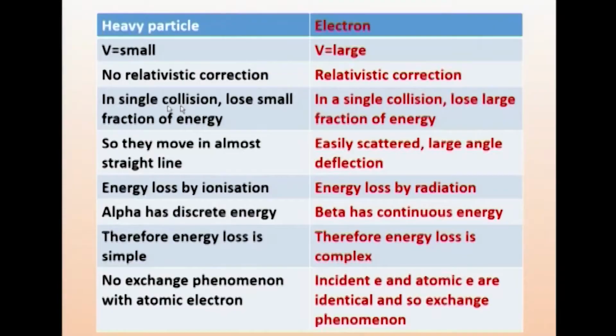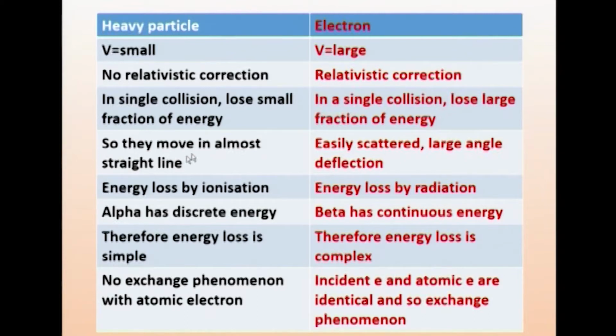Suppose we are going in a two-wheeler and strike the wall, then the two-wheeler will stop. Therefore, because it is heavy, in a single collision it loses only a small fraction of energy, it will not lose all the energy. Whereas, if you take electron, because the mass is small, in a single collision it loses a large fraction of energy, or it may even stop.